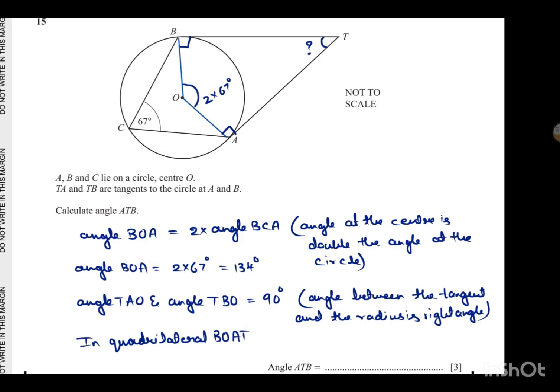We can find out the fourth angle. So angle ATB will be 360 minus the sum of three angles.